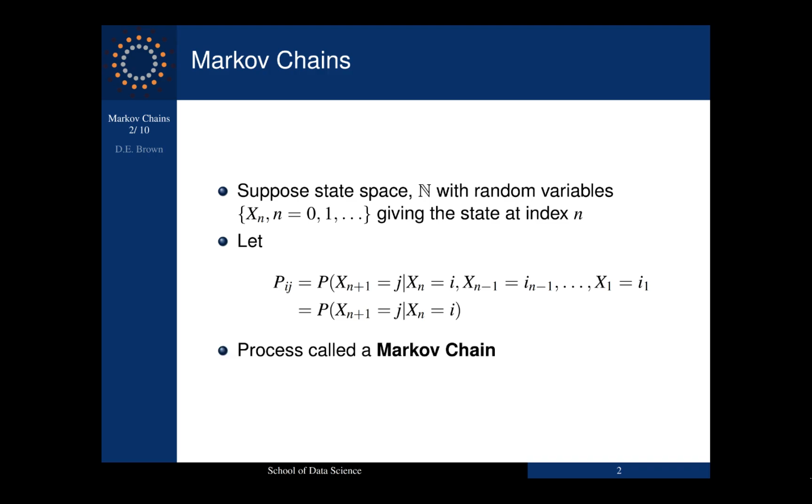And sets of random variables, these processes that are indexed by this index of positive integers, are called Markov chains. So something that has this conditional property, that basically says the value today is only dependent on the value yesterday, is then a Markov chain.